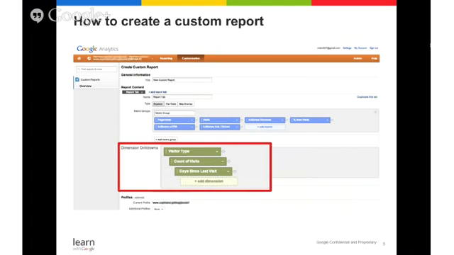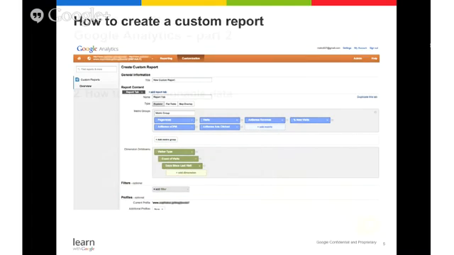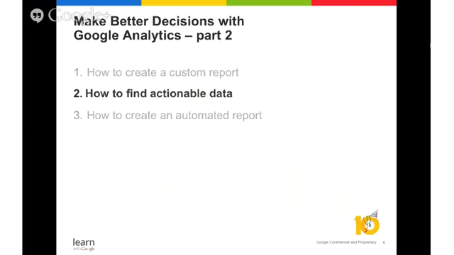Now that we know how to create a custom report, let's take a look at a few of the metric groups and dimension drill downs you can play around with in order to collect data that can help you identify next steps for your site.